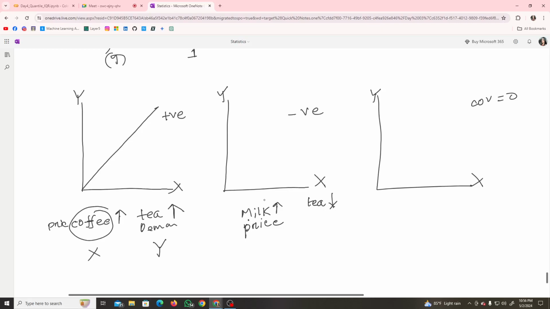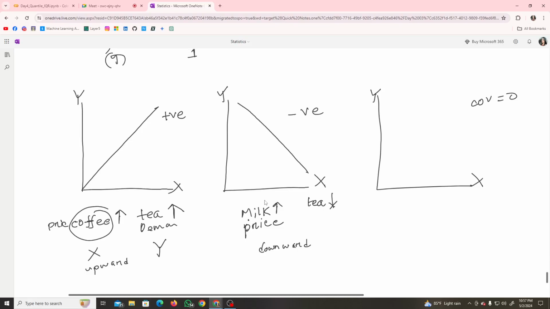So in this case, you get something like this as your graph, and you see this is a downward sloping direction. And in the previous case, your direction is upward sloping.